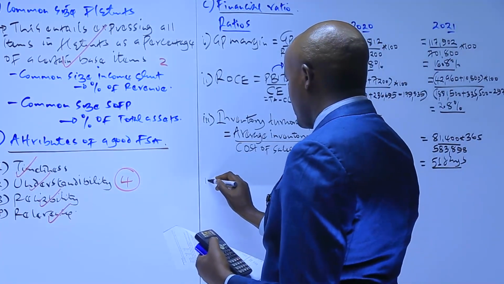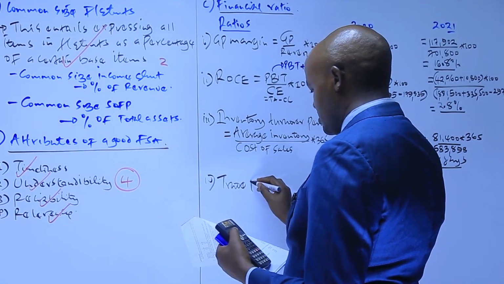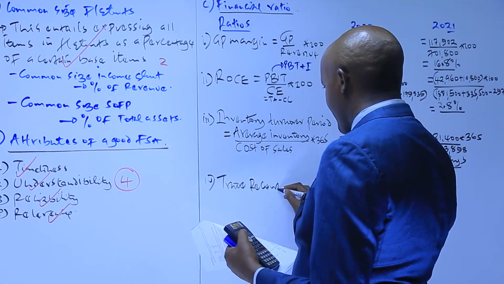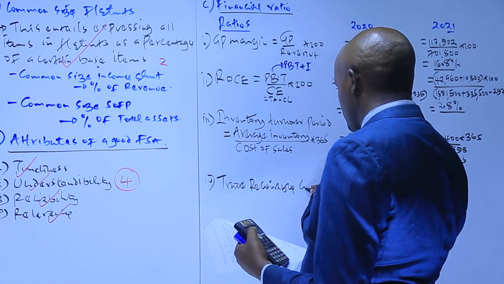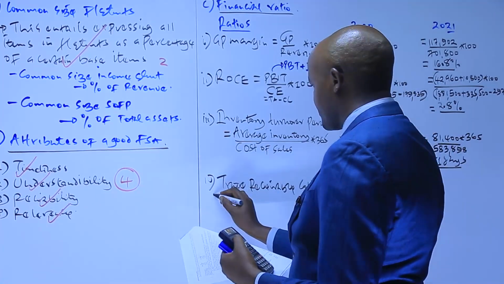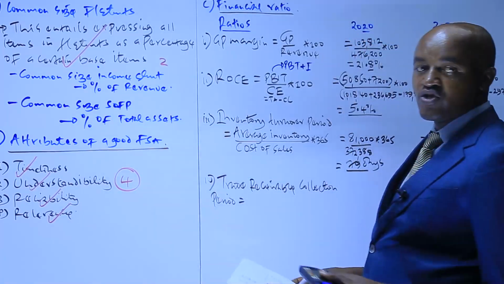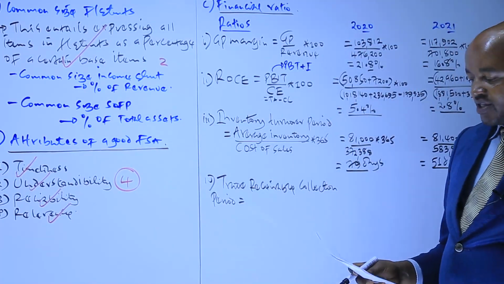The other ratio, number 4, is the trade receivables collection period. So how do we compute this particular ratio?